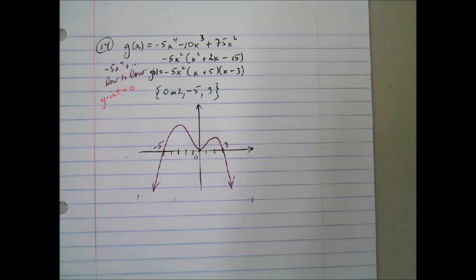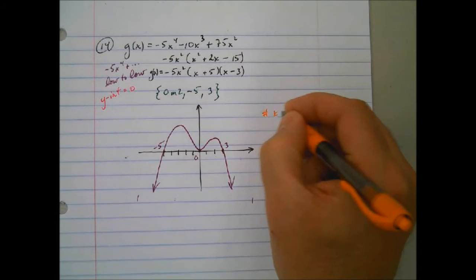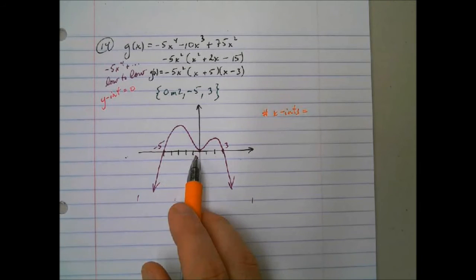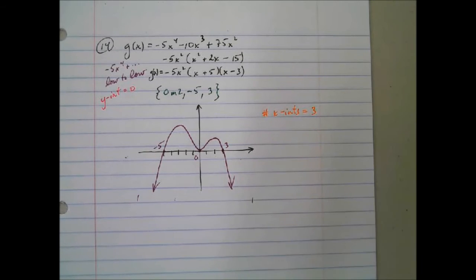Now, by the way, it also asks some questions. How many x-intercepts? Well, 1, 2, 3. How many relative maximums?